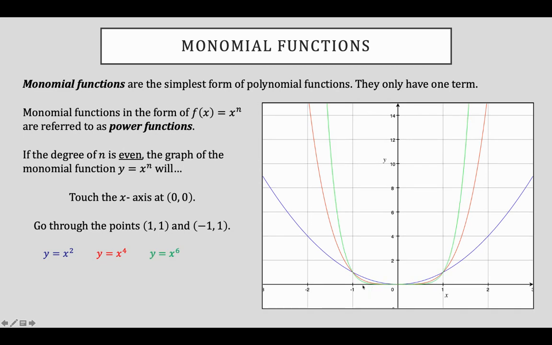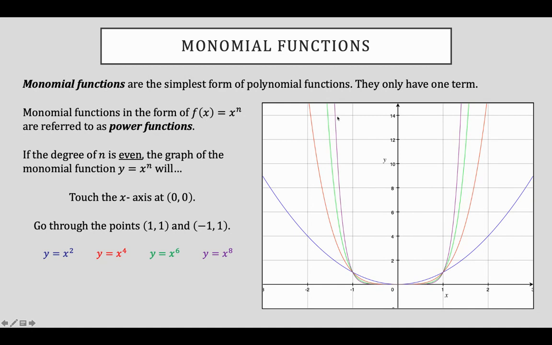That pattern continues as we increase the power. Here we have the graph of y equals x to the 6th. Notice outside of 1 and outside of -1, the graph grows more quickly, and between x values of -1 and 1, the graph is actually flatter. Here is y equals x to the 8th power.